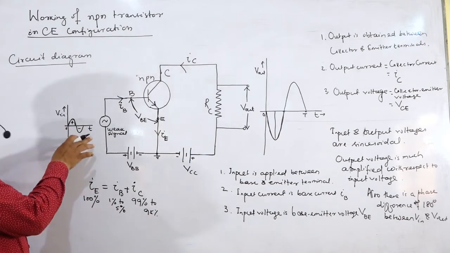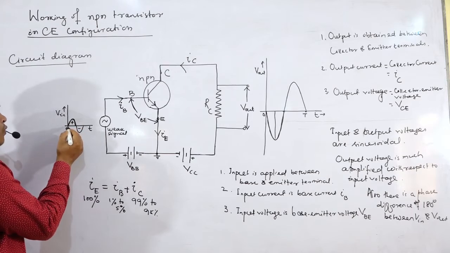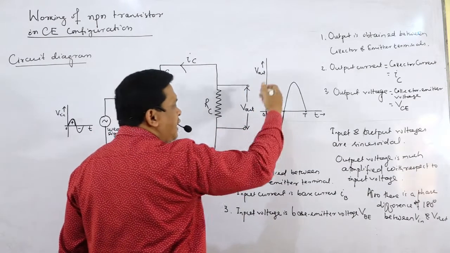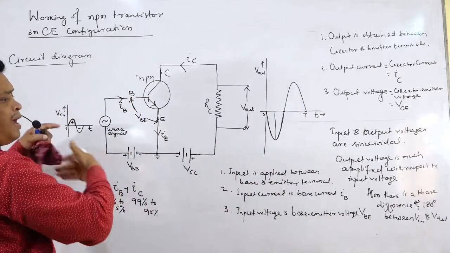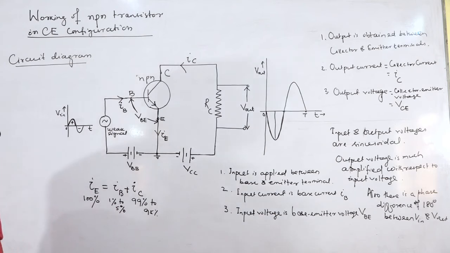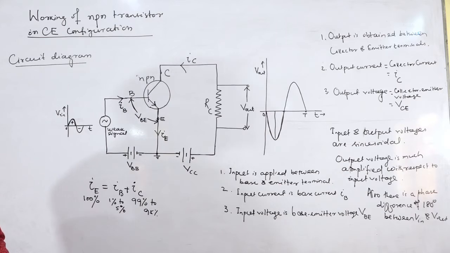Phase difference, look here, this is the positive half cycle. So when the input is increasing on the positive side, the output is decreasing on the negative side. If you turn the input by 180 degree, you will get the shape of the output voltage. Therefore we say that there is a phase difference of 180 degree between input and output.